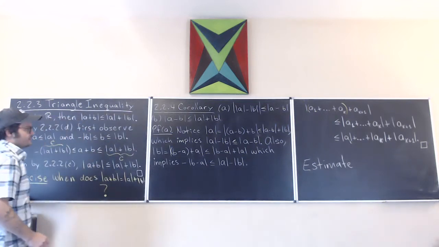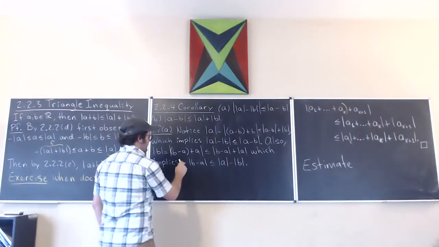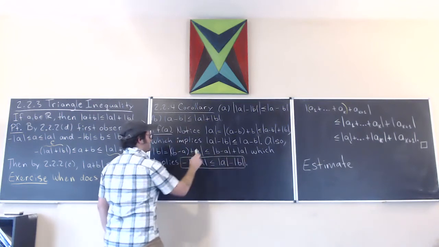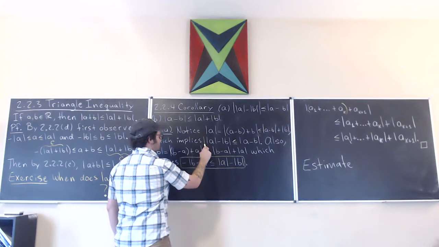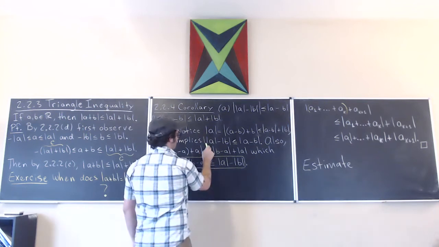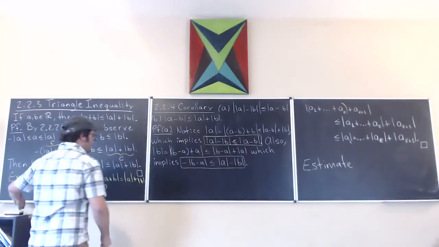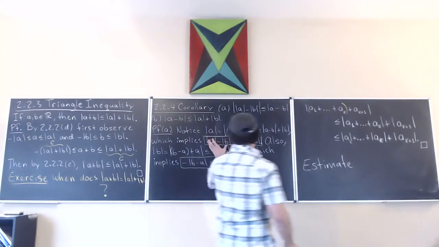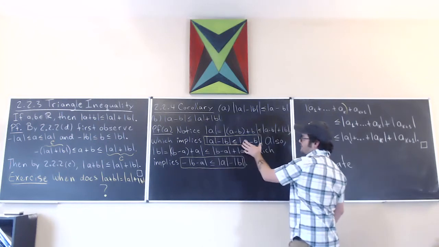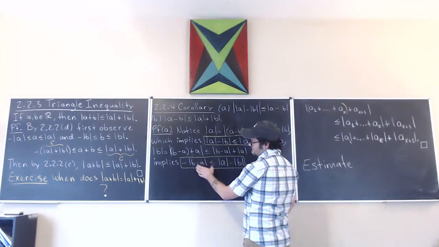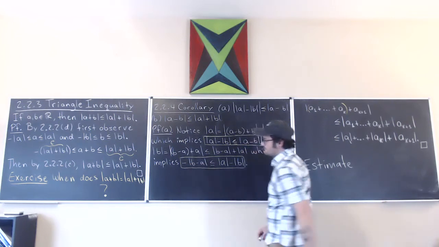So the important thing to note here is this and this. I see that from above, this quantity is bounded above by this here, and from below, it's bounded by that quantity times a negative.